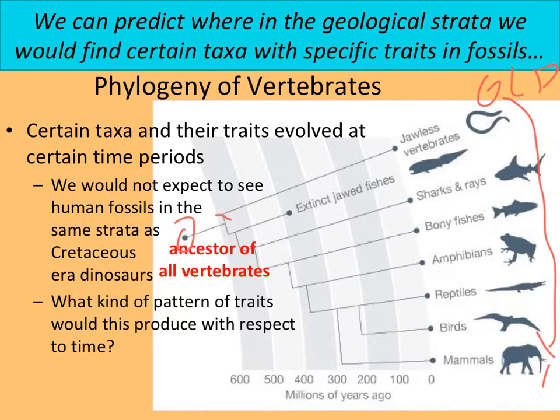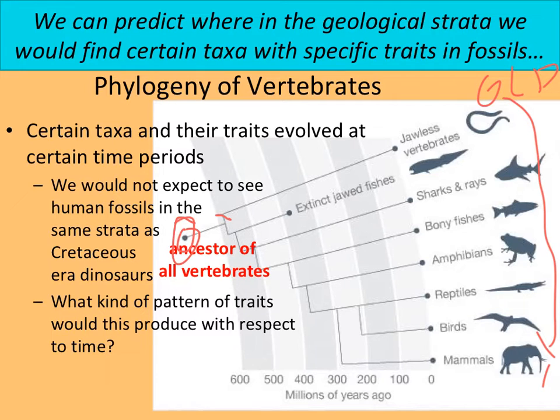So, in this case, oldest, youngest. The ancestor of all vertebrates was back here, about 500 million years ago in the fossil record. The first jawless vertebrates, they didn't have jaws, but they were the ancestors of all subsequent vertebrates, including the jawed individuals. So the evolution of jaws was a big deal.